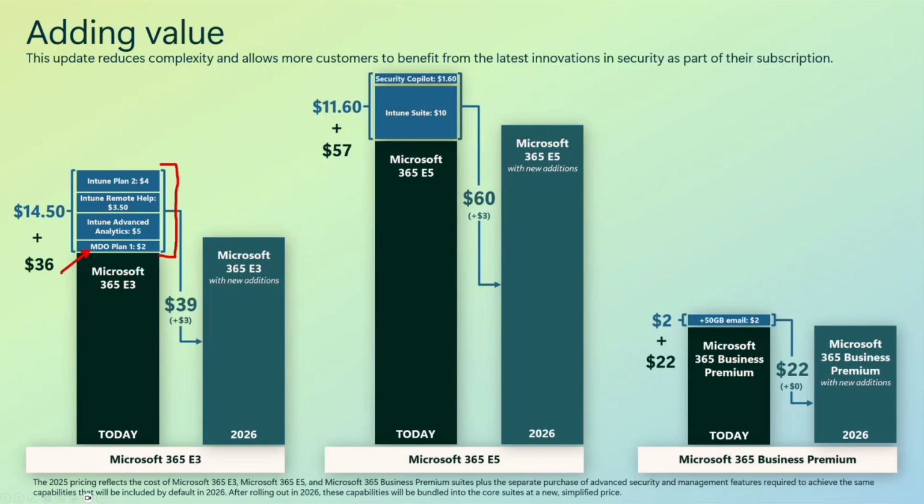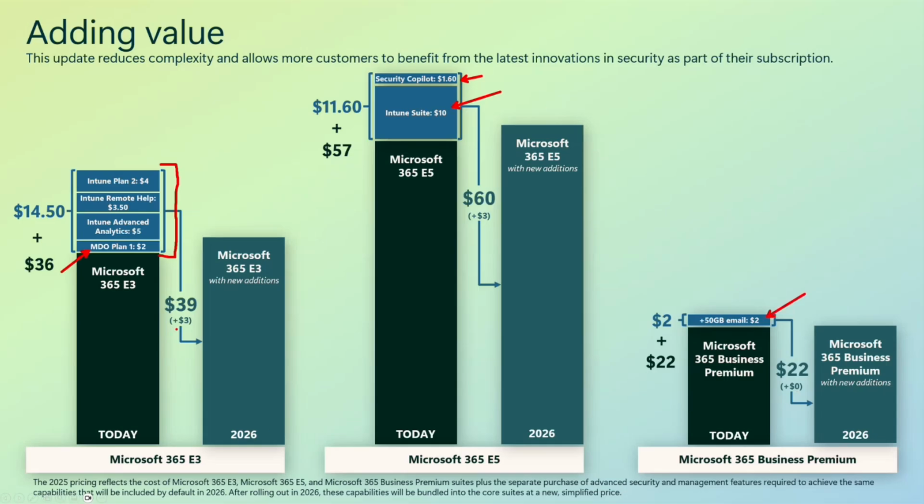and many have bought as an add-on earlier. As for E5, they get the full Intune suite add-on and also some security Copilot features. And Business Premium, not much change, a little bit more email storage, but no price increase.